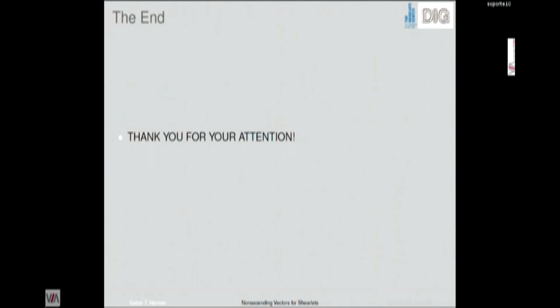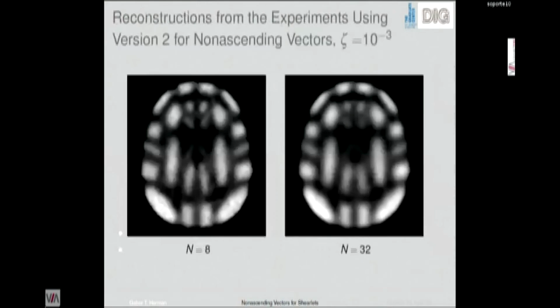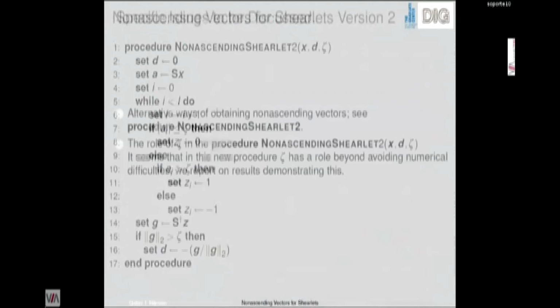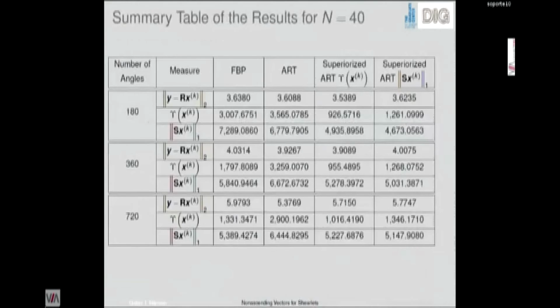In both of your n equals 10 or n equals 40, whichever those two, it would seem that when you're superiorizing ART and using L1, it did go up a little bit in comparison with ART.